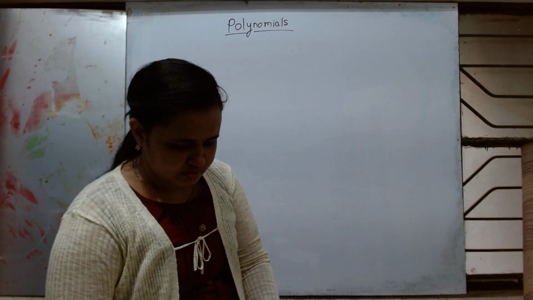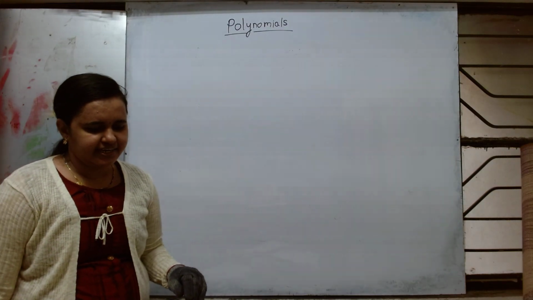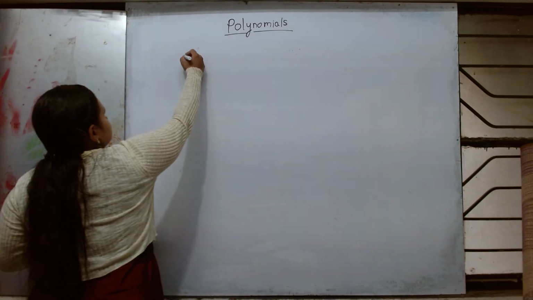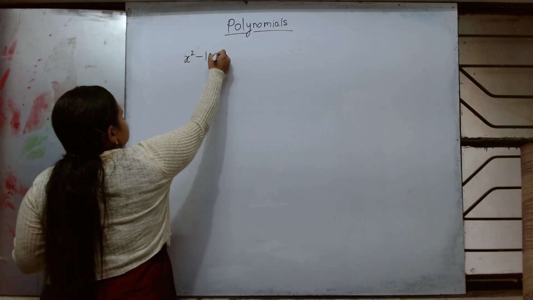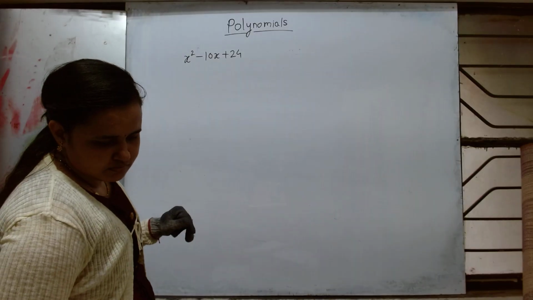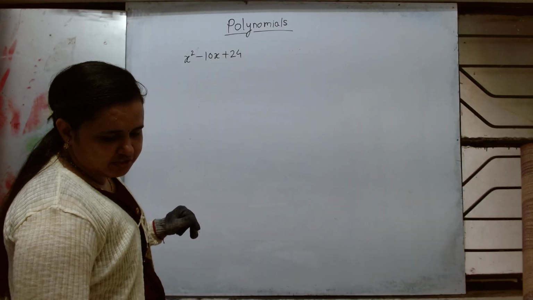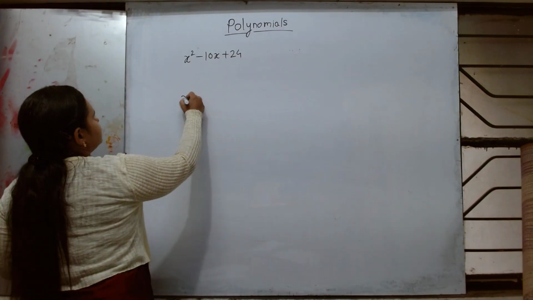Now the fifth one. The LCM of x square minus 10x plus 24 and x square minus 8x plus 12.